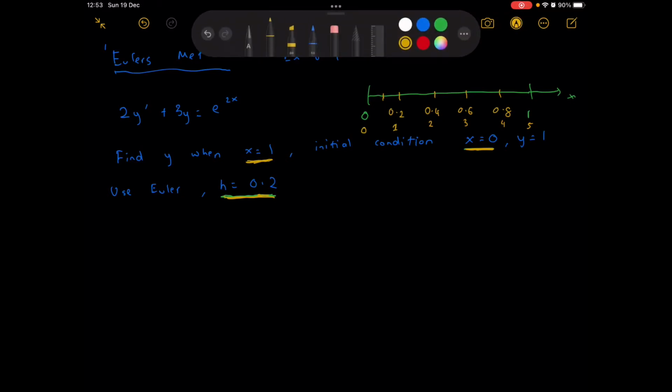As I mentioned, the step to solve Euler's method is first we need to write the Euler equation. So the equation is y(xi+1) equals y(xi) plus h y prime(xi). Second, we need to prepare the table.